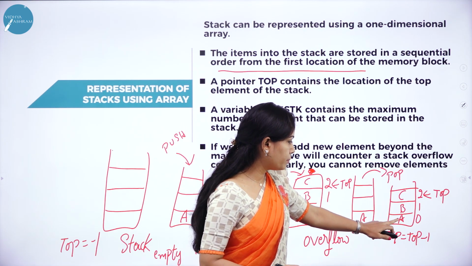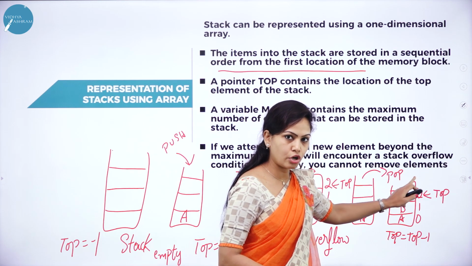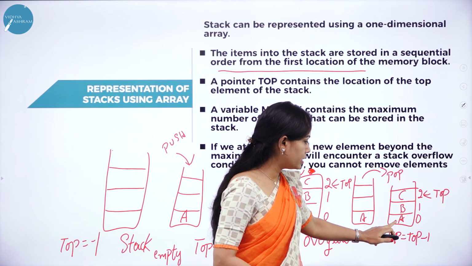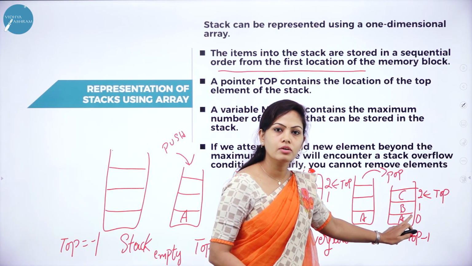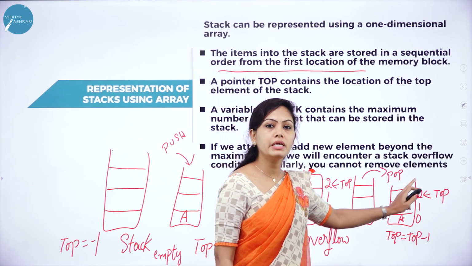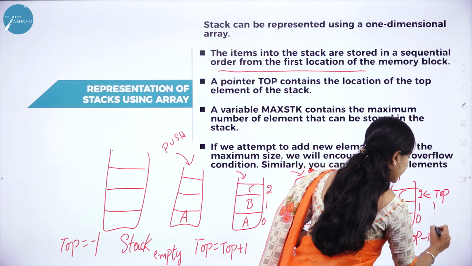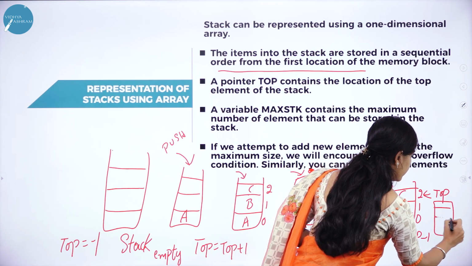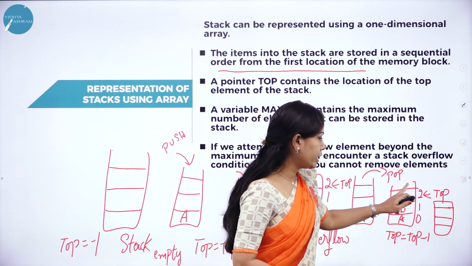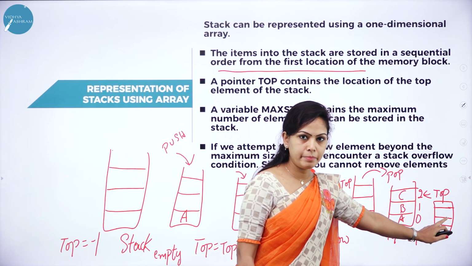For example, I am going to remove all the elements. First I will remove C, which is the top element, next I will remove B, and next I will remove the last element, A. So this is the concept of popping an element from the stack. After removing the elements A, B, C, our stack will become empty, right?